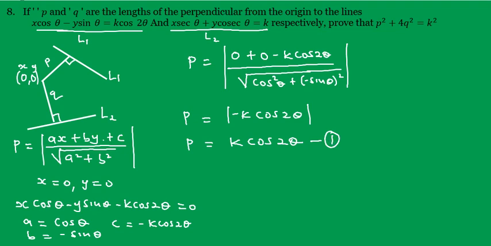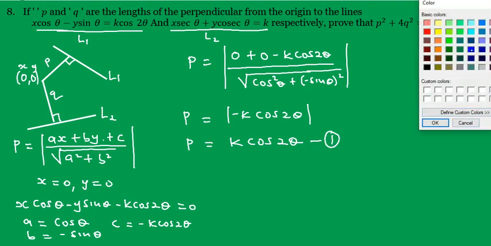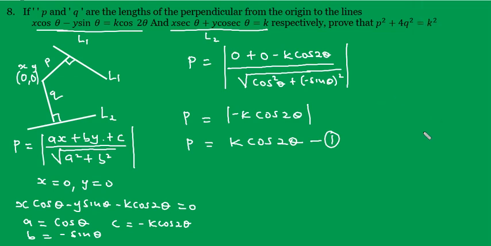Now let us talk about line 2. For line 2, I have q equal to the modulus of ax plus by plus c over the root of a squared plus b squared.